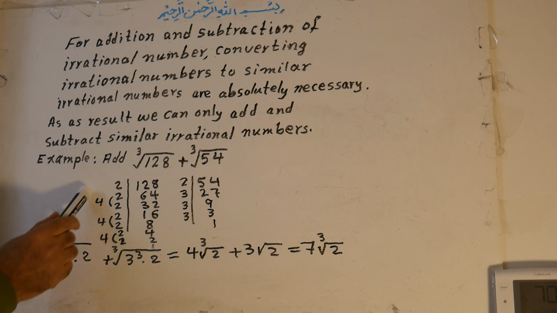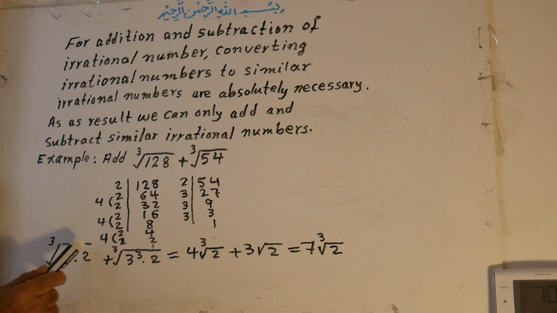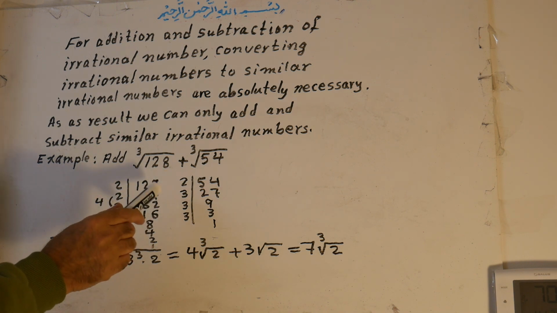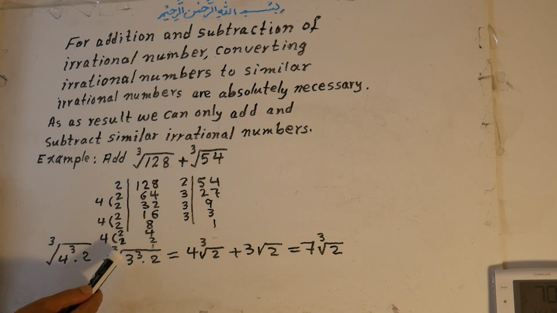Now we can write 4 to the power of 3 times 2 under the cubic root plus 3 to the power of 3 times 2 under the cubic root.